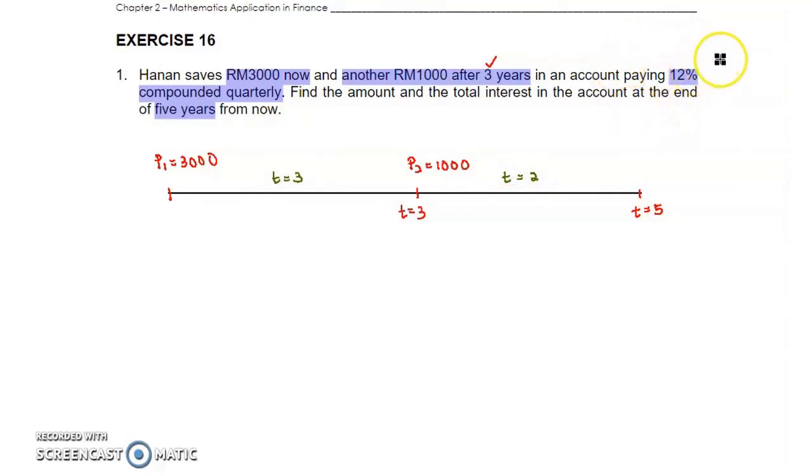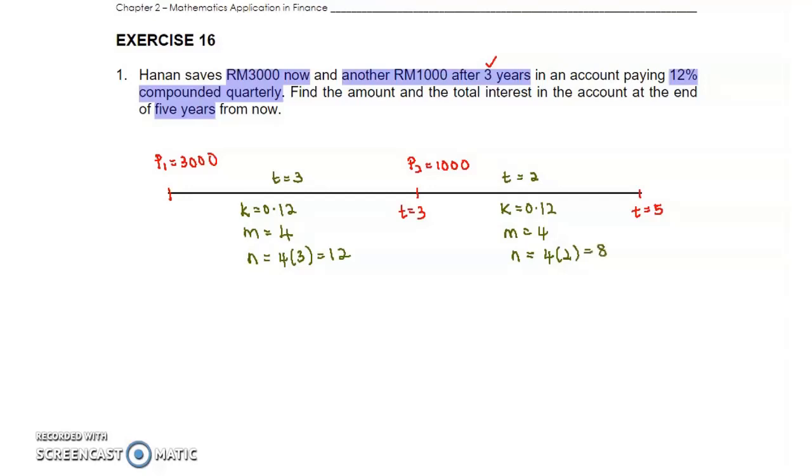Okay, now we have one rate only. So within 5 years, the rate is 12%. So here K equal to 0.12. Here also 0.12. Compounded quarterly, M equal to 4. Means that 1 year we calculate interest 4 times. So N here will be 4 times 3. Here another 2 years, how many times we calculate interest? 1 year 4 times. So if 2 years, 4 times 2.